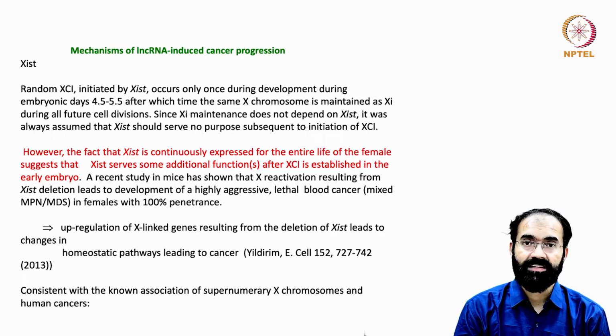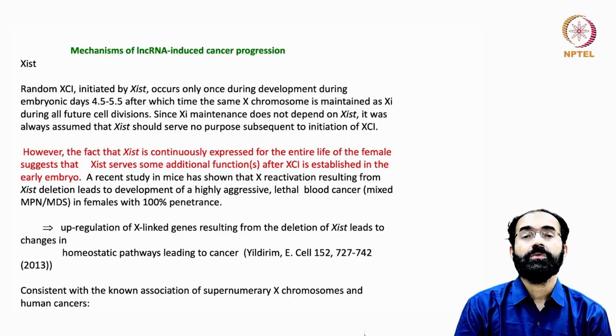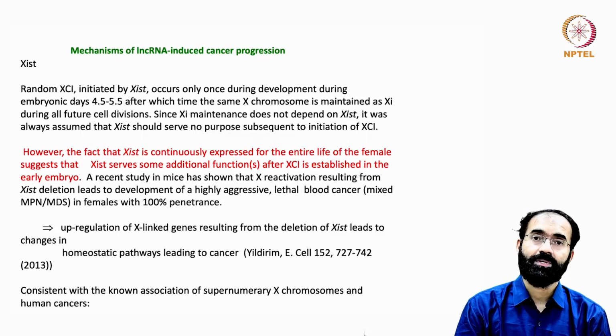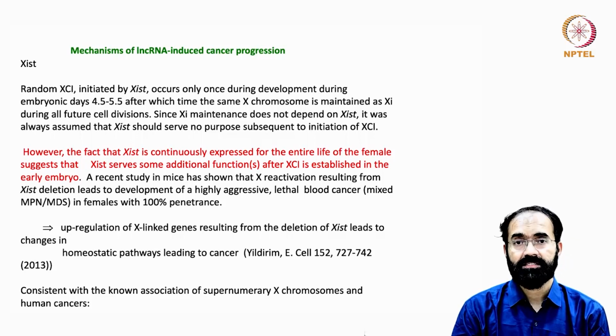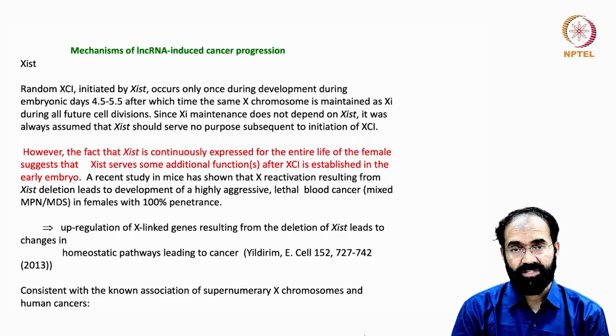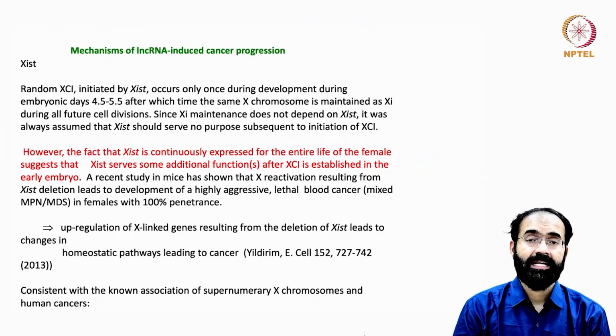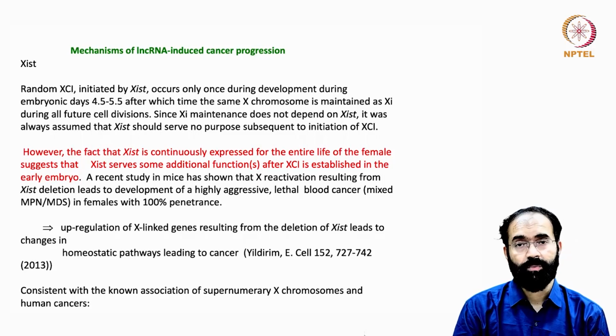Sometimes it can lead to cancer and sometimes it can lead to aberrant apoptosis. Either extremes are possible, and we have seen several examples of non-coding RNA that is governing the homeostasis and sometimes leading to formation of tumor.